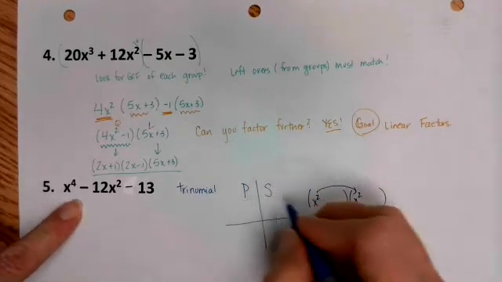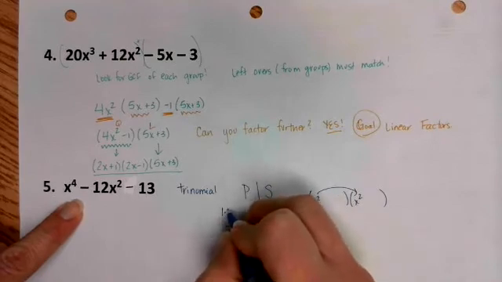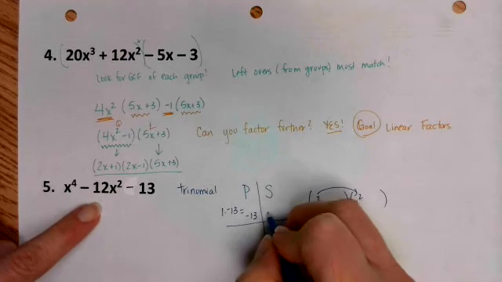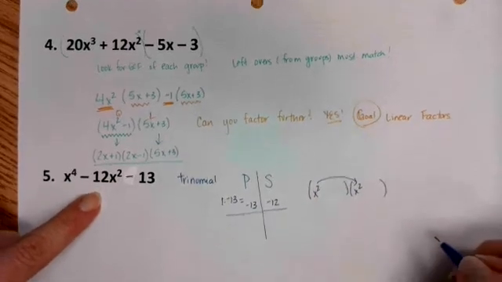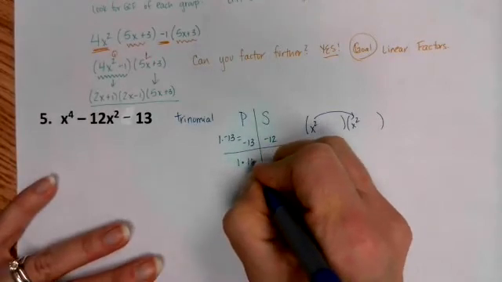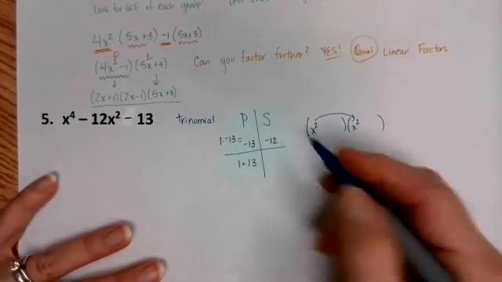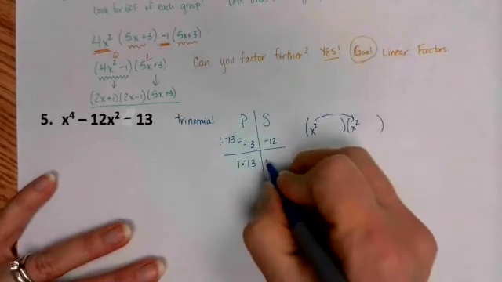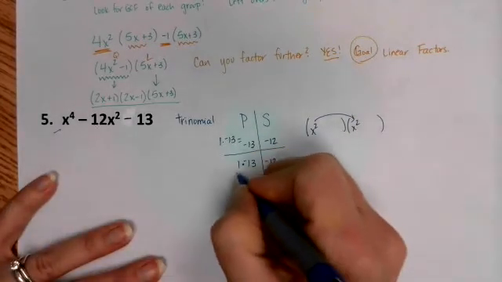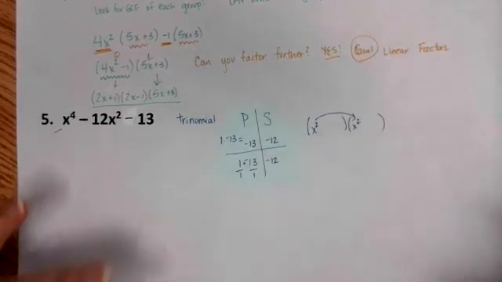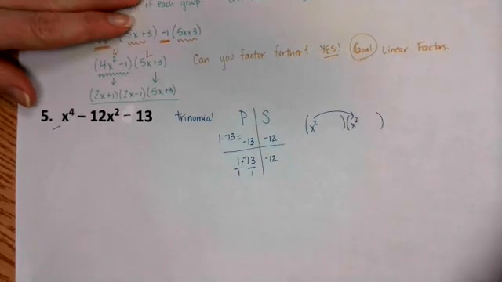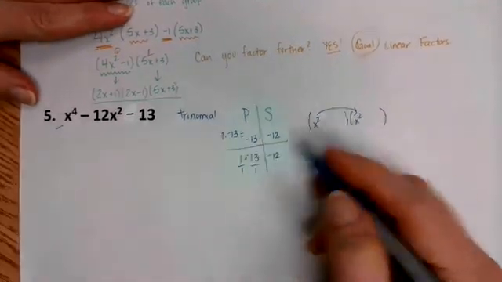So for this problem, still my a times c, so I have 1 times negative 13, which is negative 13, and then my sum is my b, negative 12. Well, there's only one way I can multiply to get 13, and it's 1 times 13. And if I want a negative 12, I'm going to make my 13 negative. Don't forget about that leading coefficient. It's 1, so it doesn't really do much here. But if I had a leading coefficient that was not 1, then I would need to deal with it in order to simplify my factor values here.